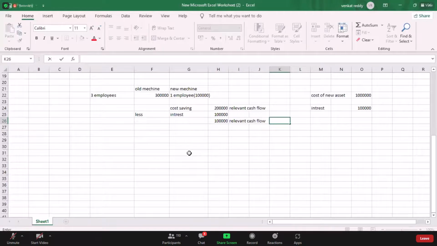If my tax rate is 30%, let us assume my company is paying tax at the rate of 30%, I'm saving around 90,000 towards the tax.